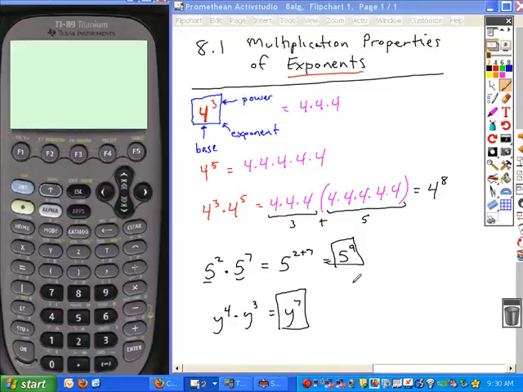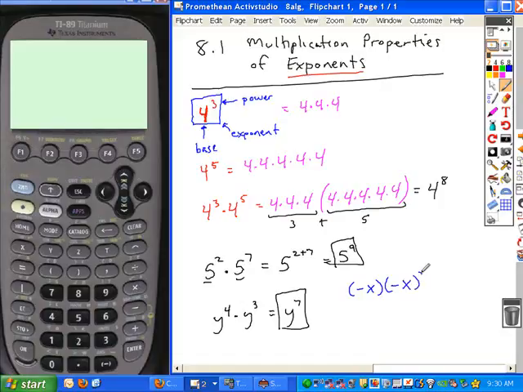Okay, what if I gave you something like this? What's that going to equal? James? Now, careful. Okay, so you have 2 common bases. We're going to repeat that base.